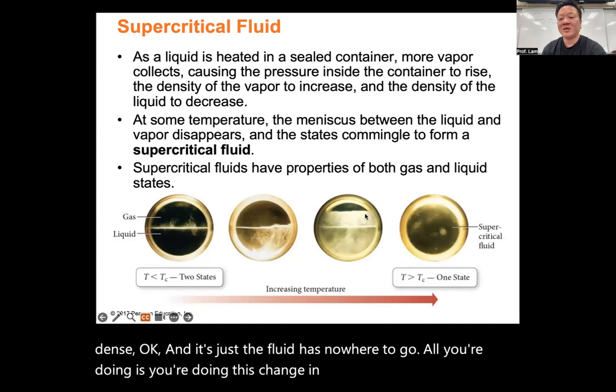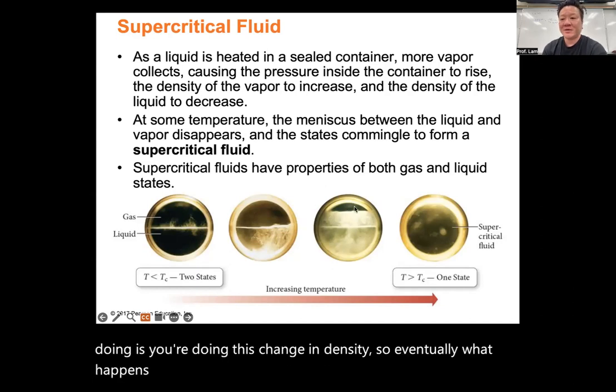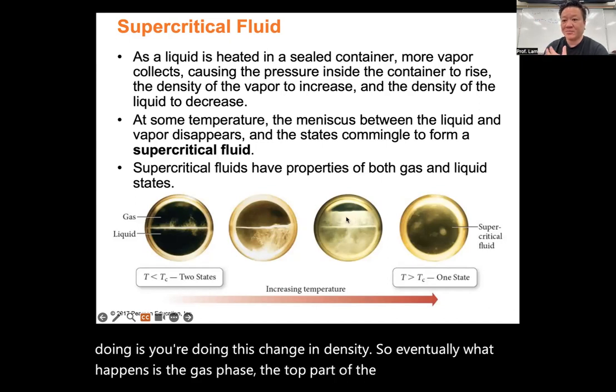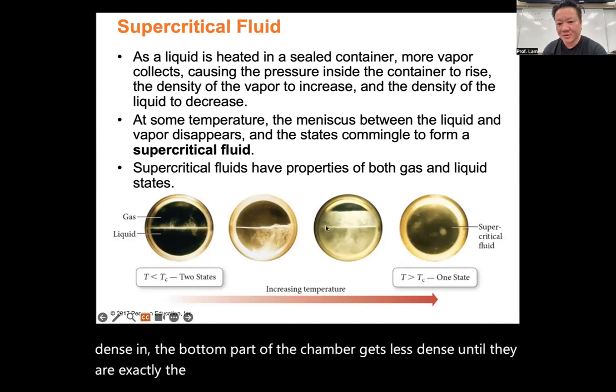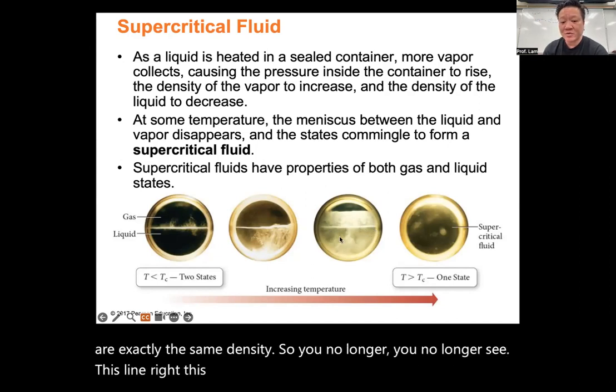So eventually what happens is the gas phase, the top part of the chamber, gets more dense, and the bottom part of the chamber gets less dense until they are exactly the same density. So you no longer see this line, right? This division between a liquid and a gas. You just see this. It's all the same.